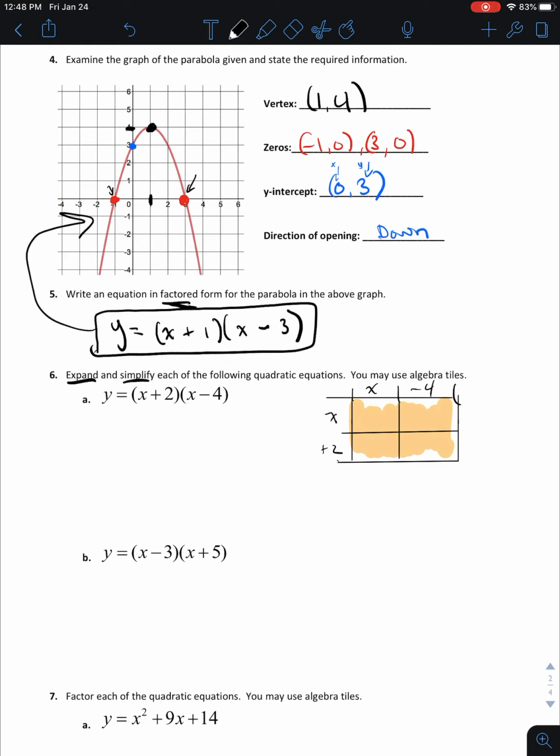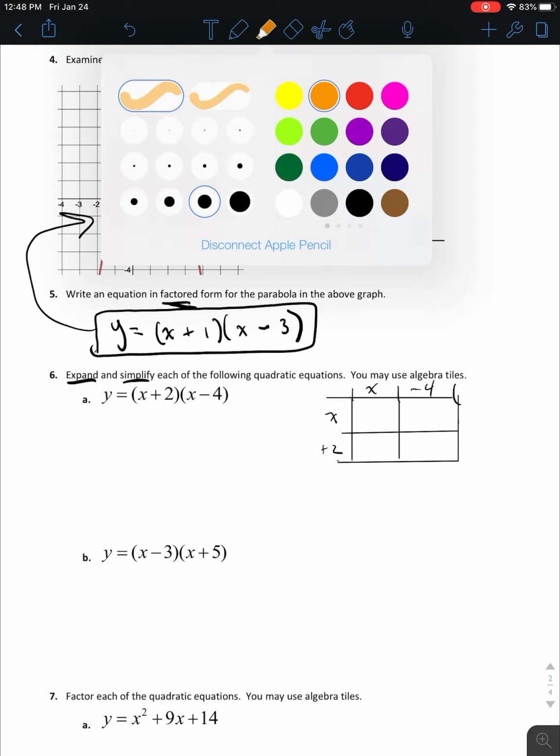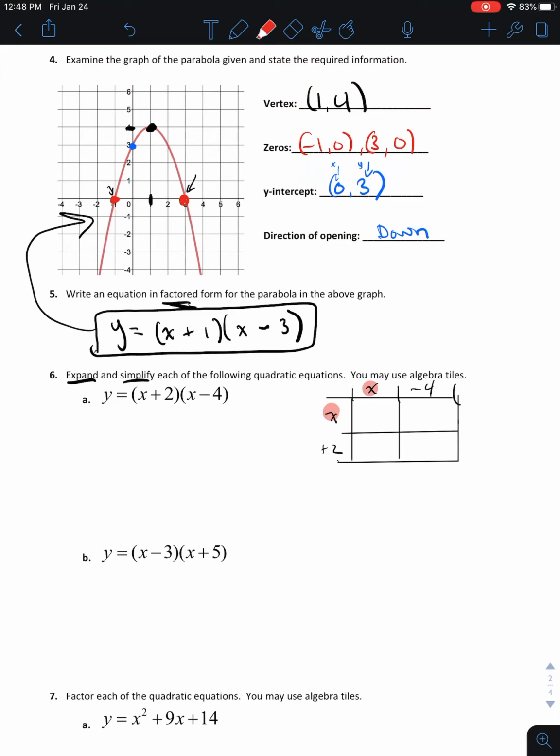So I'm going to go x minus 4, x plus 2, and then I fill in the middle by multiplication. x times x is going to give me x squared. x times negative 4 is going to give me negative 4x.